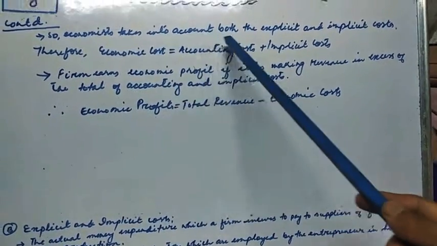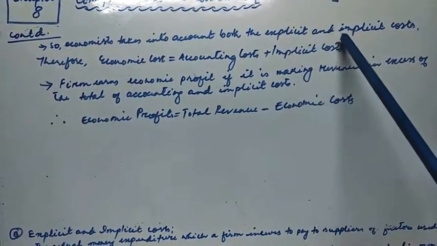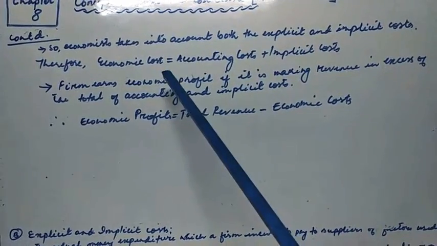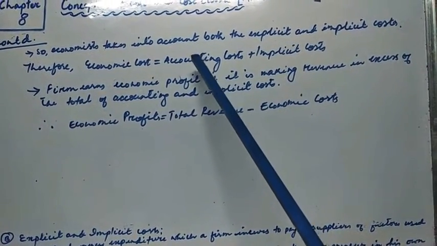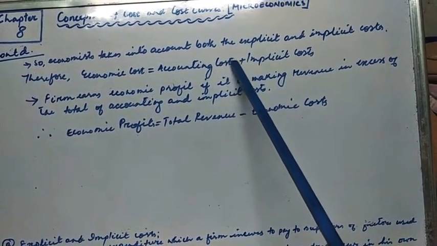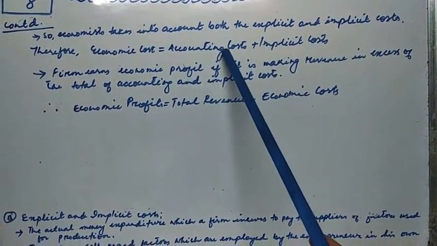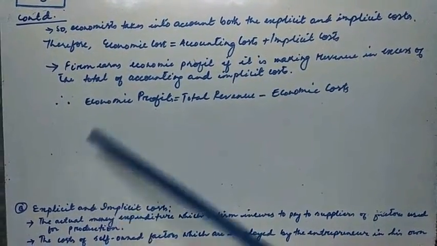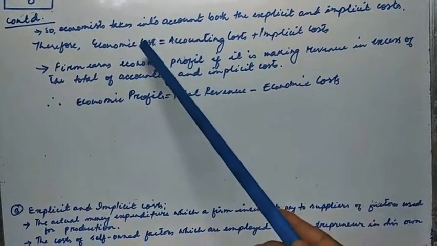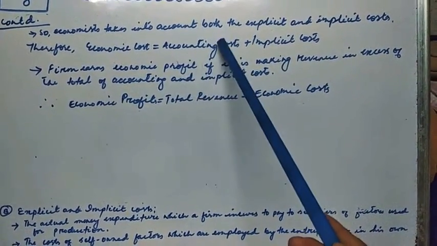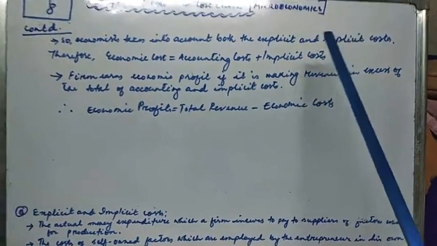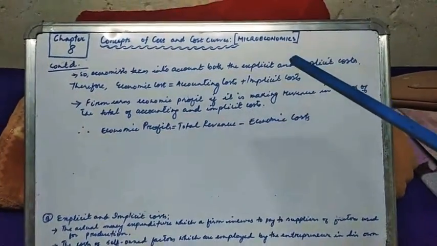Therefore, economic cost equals accounting cost plus implicit cost, because accounting cost is similar to explicit cost.